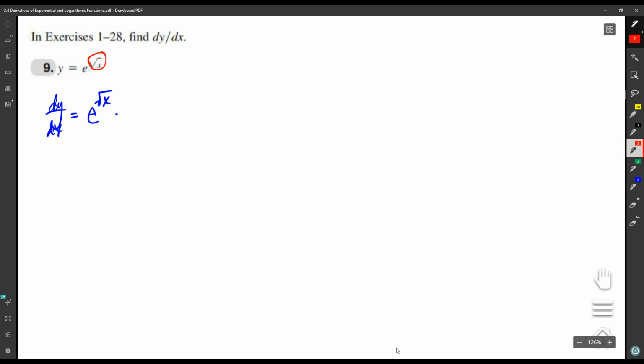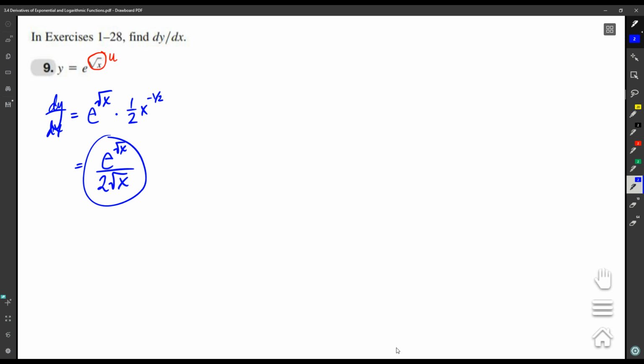Whatever's in that exponent of the e will always be the u. So now we want to do times the du/dx. Well, the derivative of root x is going to be 1/2 x to the power of negative 1/2. So this should simplify then to an e to the root x power in the numerator, and then a 2 root x in the denominator. And we have our derivative, and that's the derivative of e to the x.